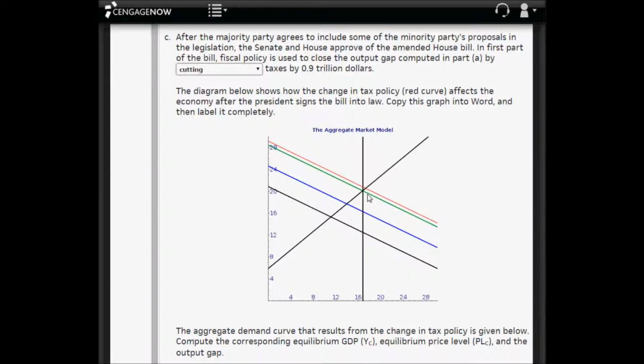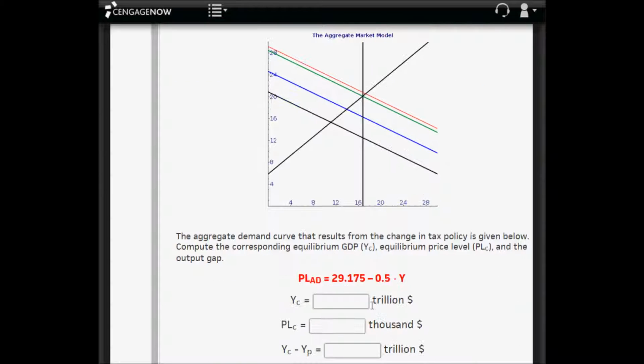The diagram down here shows how that affects the economy. The economy, which didn't need stimulus because the gap had closed, is now in an inflationary gap. The red aggregate demand curve is the result of the tax cut of $0.9 trillion that hits American taxpayers. The equation that corresponds to the red aggregate demand curve is the red equation down here.